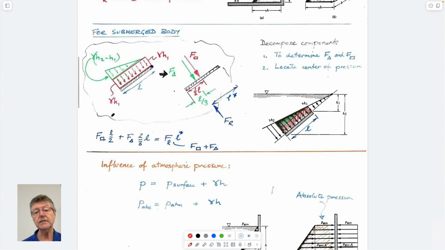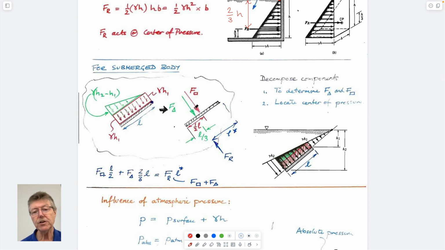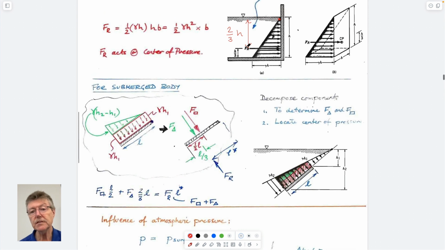What you now know is that the point of action for the constant distribution is halfway along its length, L over 2. The triangular distribution acts 2/3 down from the top, or 1/3 up from the bottom, so L over 3. You could take moments about any point you want to.